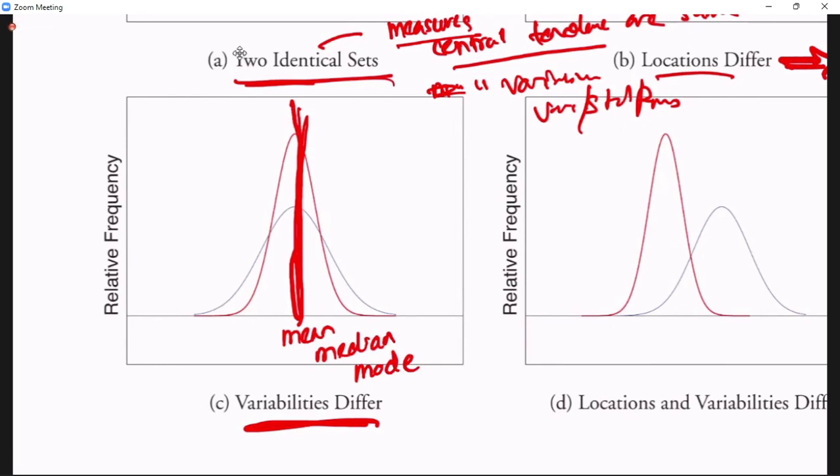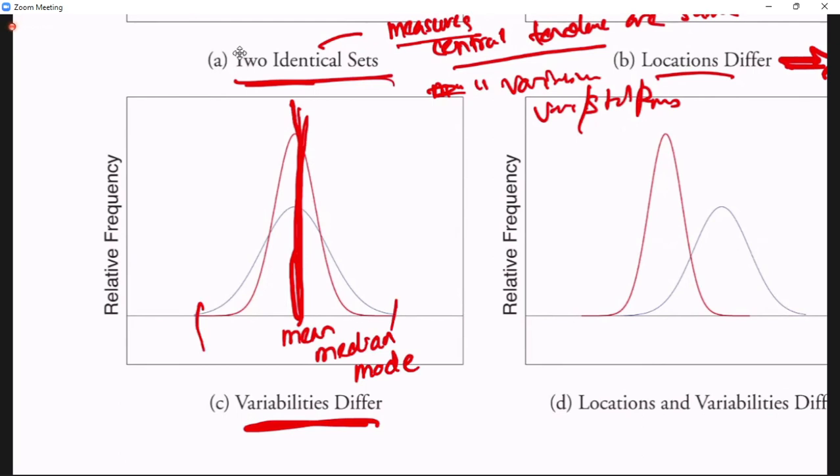That means their mean values, median values, mode values are the same. That's why their measures of central tendency are the same, or their location is the same. Starting value, ending value, the mean, median, mode, all are the same.